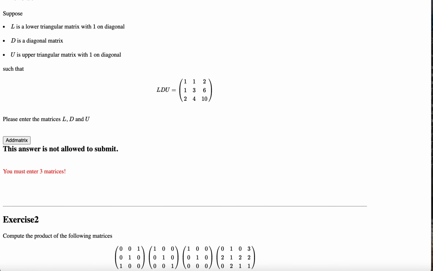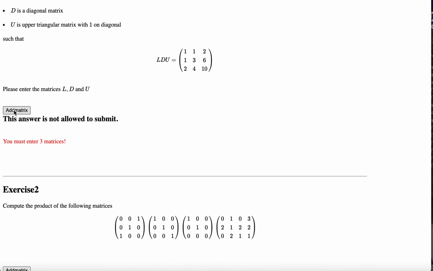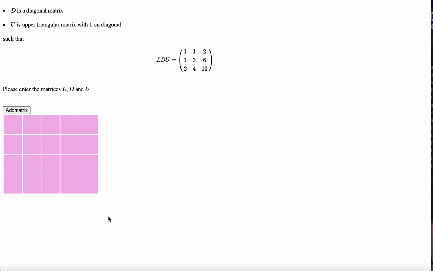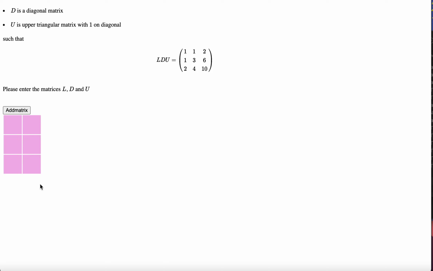How do you add a matrix here? You need to enter matrices L, D, and U, so you need to enter 3 matrices, and each matrix is 3 by 3. If you press this button, nothing will show up, but you can just move your cursor, and wherever your cursor is determines the size of the matrix. So move your cursor so that there is an indicator that you will enter a 3 by 3 matrix, and then click it.